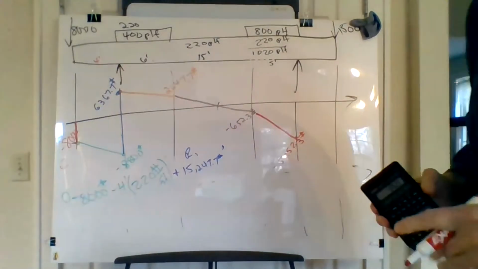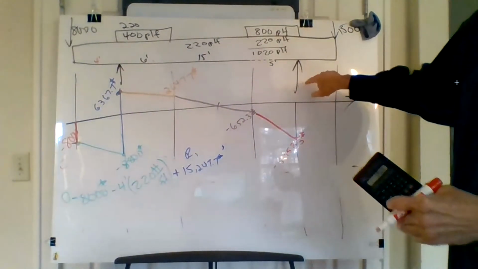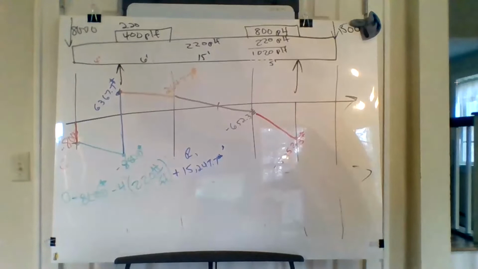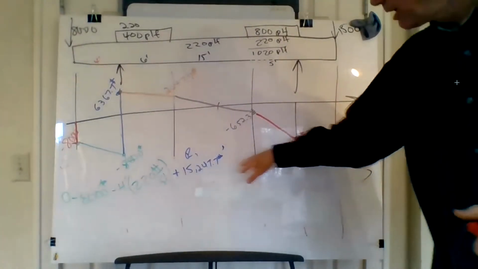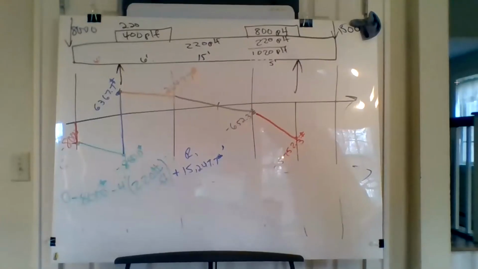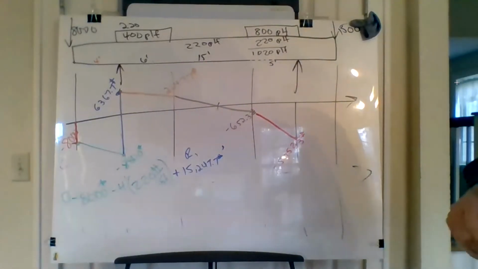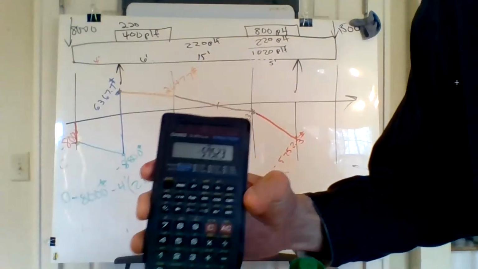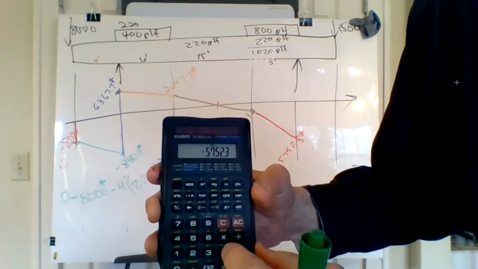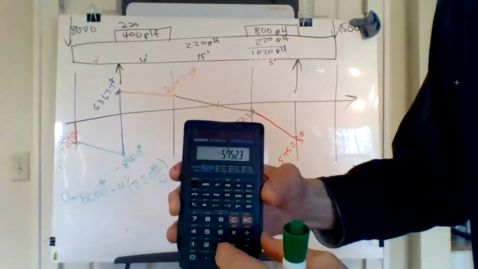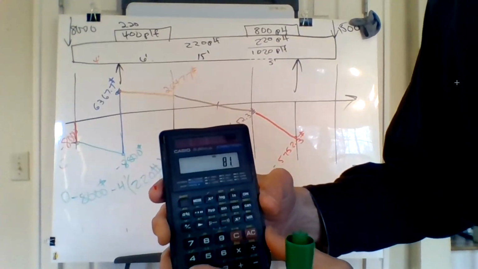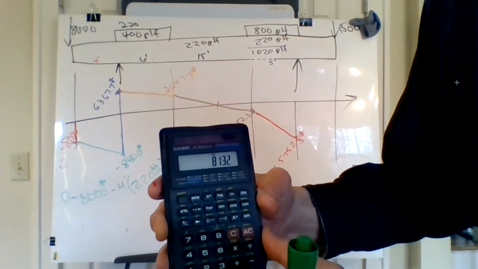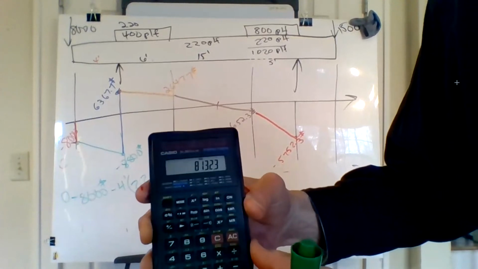Then what do I have to do? I got R2. I forgot to write it down here. Sorry about that. So I'm going to add R2, which is 8,132.3.